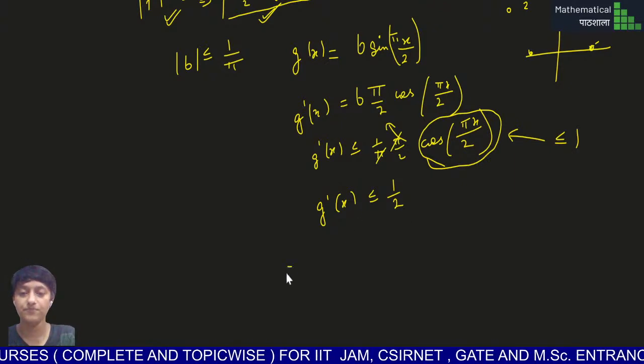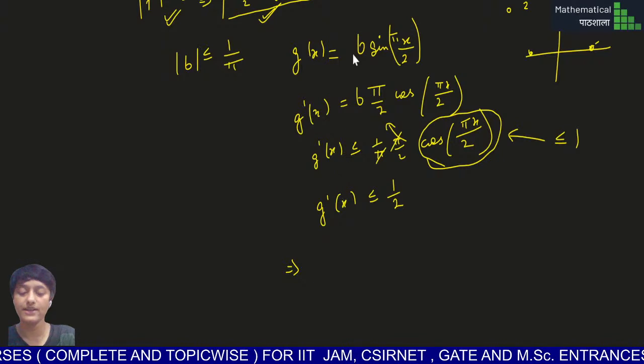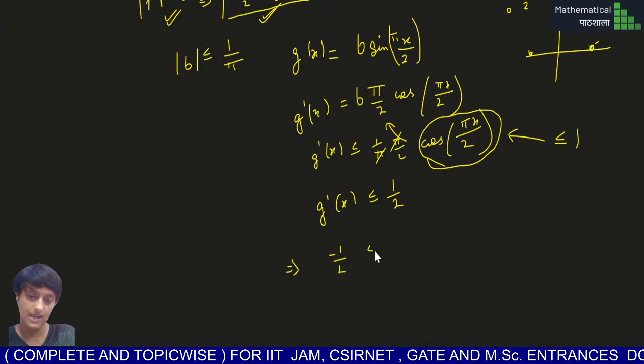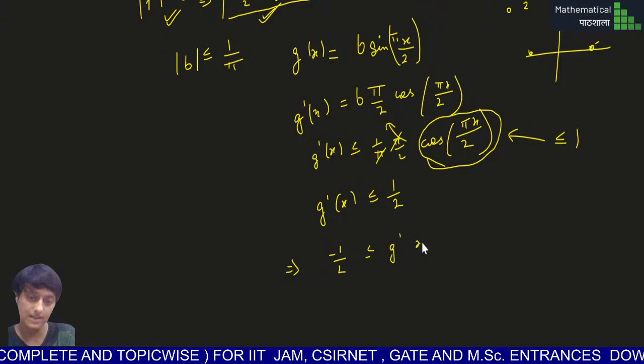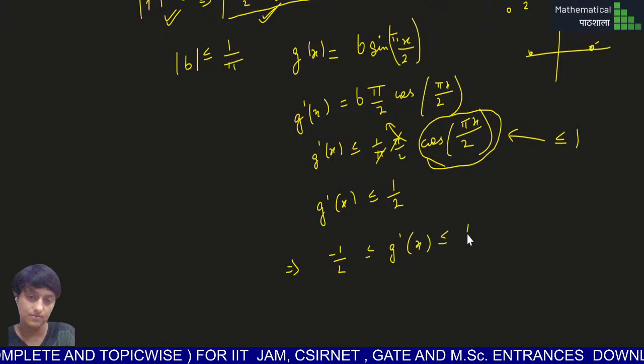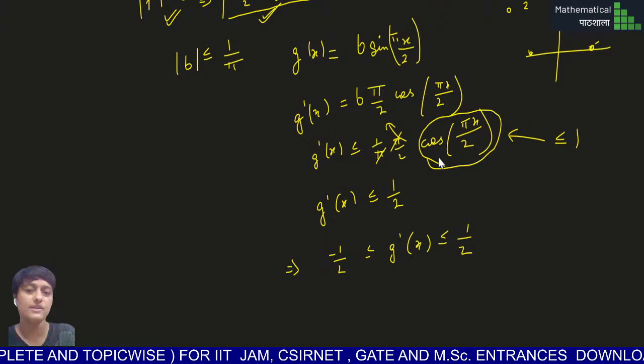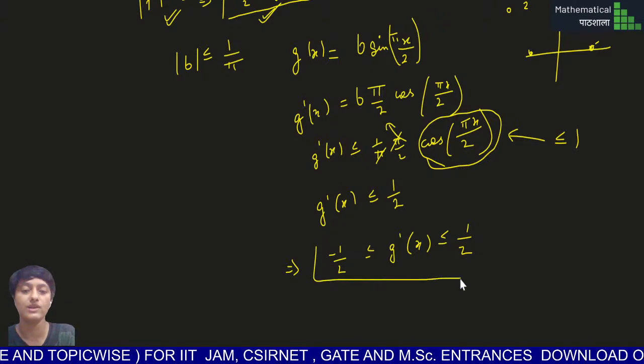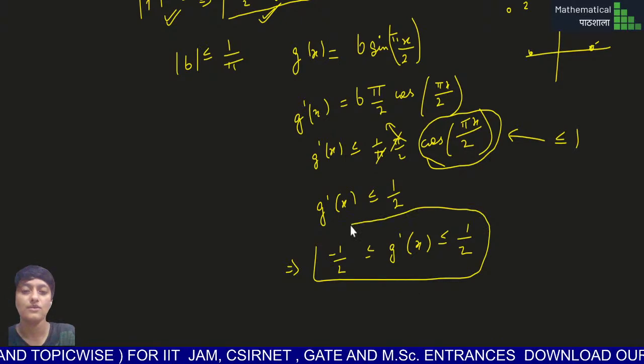What does this mean? Also, if we take the mod of everything, g'(x) will lie between these bounds, since cos(πx/2) lies between -1 and +1. So we eventually lead to this. Why did we do so?